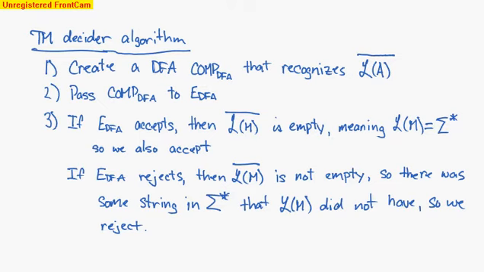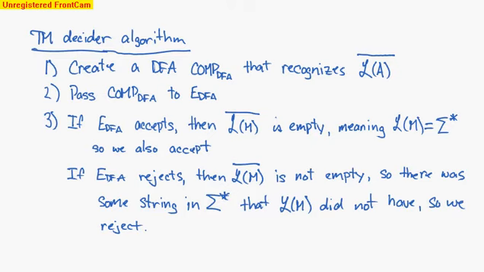If E_DFA accepts, then the complement of L(M) is empty, which means the actual language of M contains everything, so we accept. If E_DFA rejects, then the complement of the language of M is not empty, so there was some string in sigma star that L(M) did not have, so we reject.